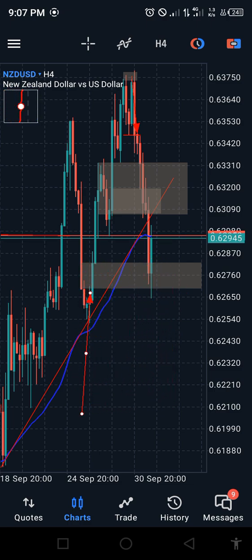Nothing has been changed. If you go back to the video, you will see that all of these points are corresponding, and we notice that price did not hold into this zone, but price came and held into this area.